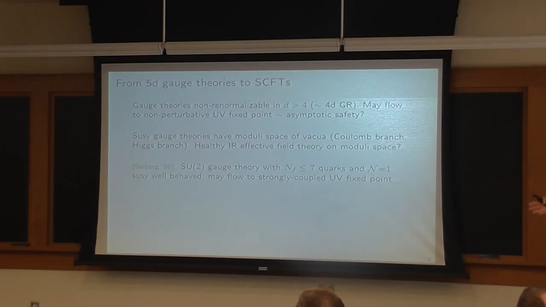So you trigger a flow from the UV CFT to some infrared dynamics, which you can understand in terms of the gauge theory description. And only at a particular point on this space of vacua is the mass scale removed, so to say, and you get a strongly coupled CFT limit.